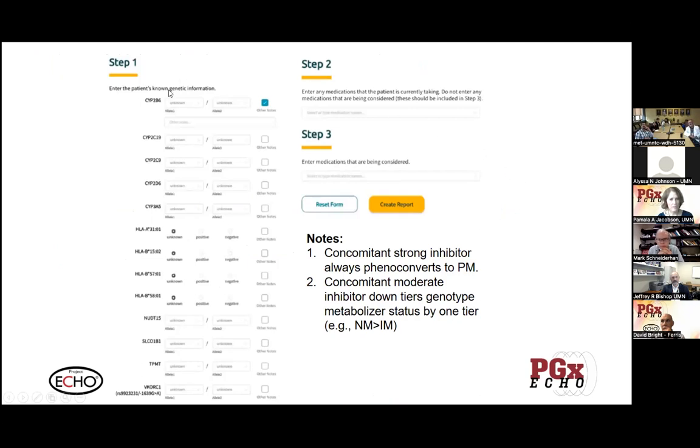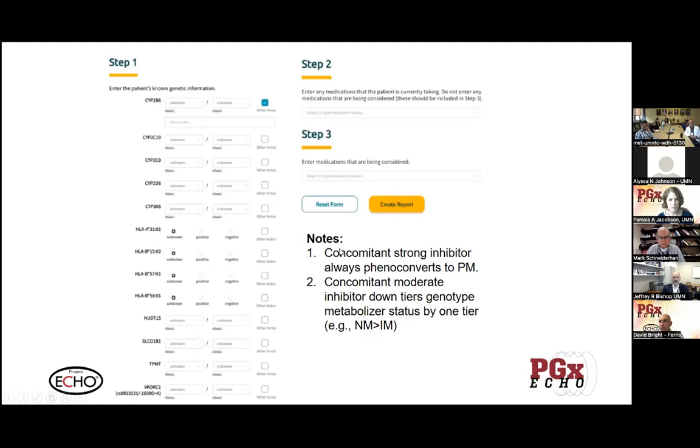But the flow is very similar: you enter genotype or diplotype information based on a pharmacogenetic test report, and if you have it, you enter medications currently being taken, selecting from a drop-down box. Then you can create a report that gives you some recommendation statements, but also some information about phenoconversion.